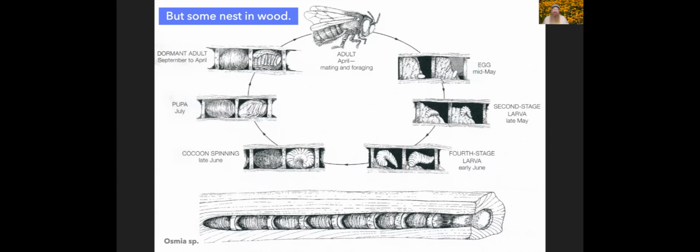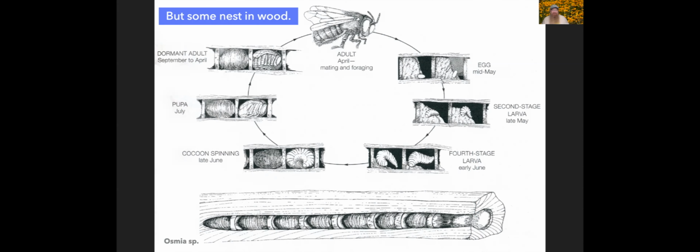You can see this gal here, on the top center, goes along, lays eggs inside of some kind of chamber, provides it with a pollen and nectar ball, just like the other one, lays the egg, and then cuts some leaves and packs some leaves in after that one, another ball, lay an egg, pack some leaves, all right, another ball, lay an egg, pack some leaves.